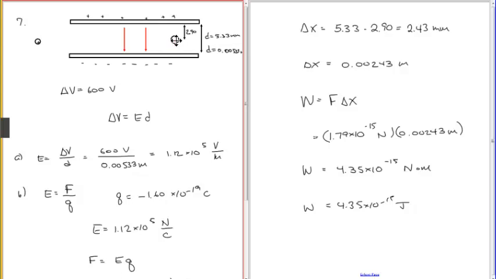The force is caused by the difference in the potential. If I just let go of it, it would quickly go to the positive plate and get attracted. But if I'm pushing it backwards this direction, I'm increasing the voltage of the particle, and I'm also doing work on that particle as I do that.